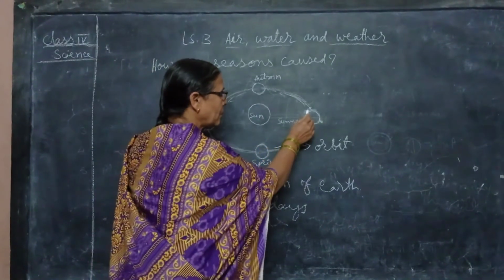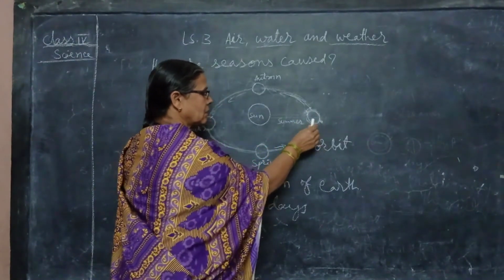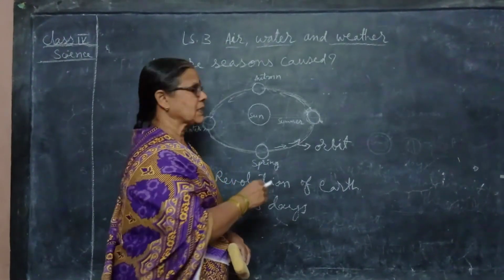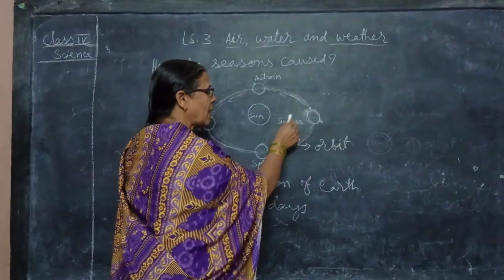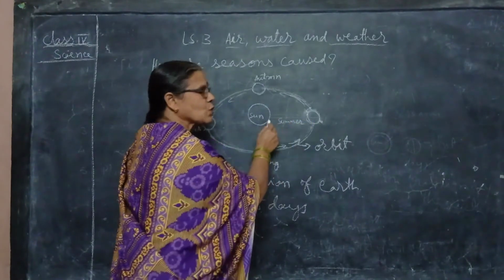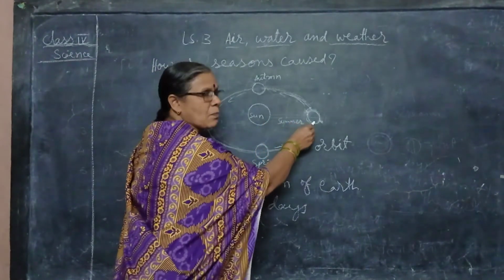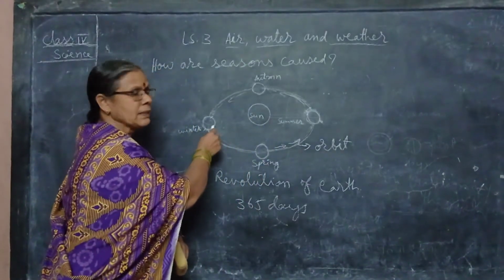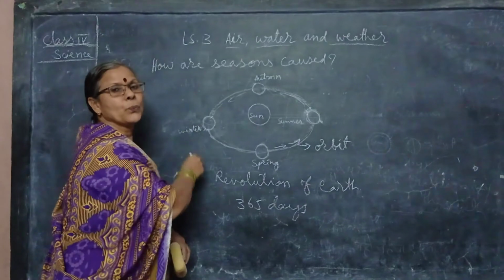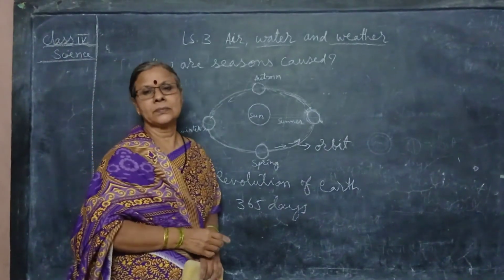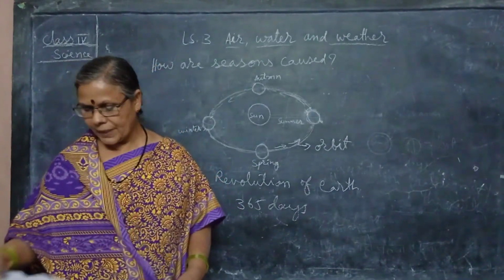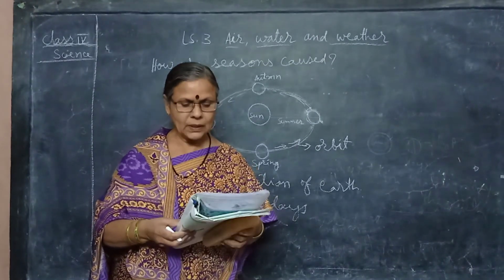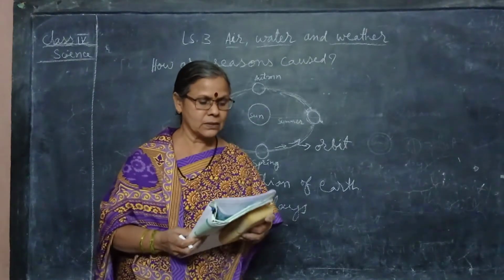Whichever part faces toward the sun has the summer season, and whichever part is away from the sun faces the winter season. You can open your textbook page number 200 and read this.